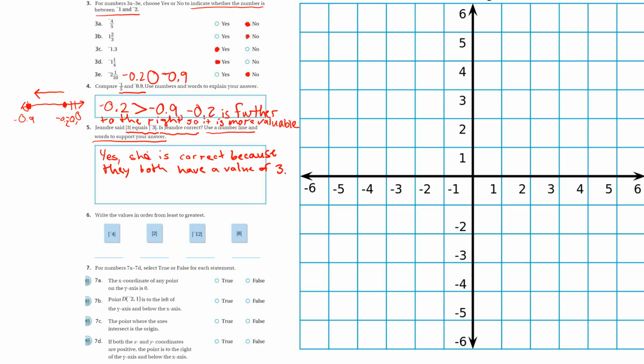And I can show it on a number line. Here's my 0, 1, 2, 3, -1, -2, -3. So they are both 3 units away from 0.